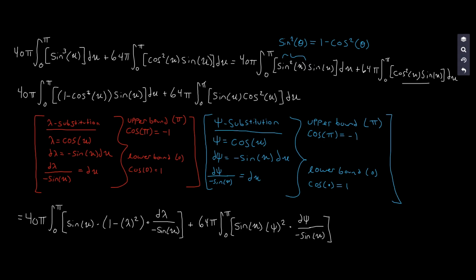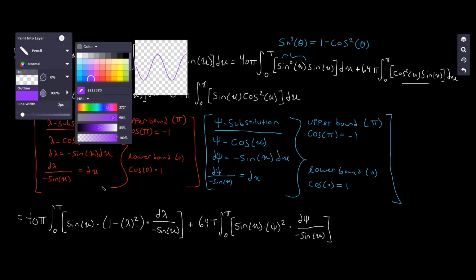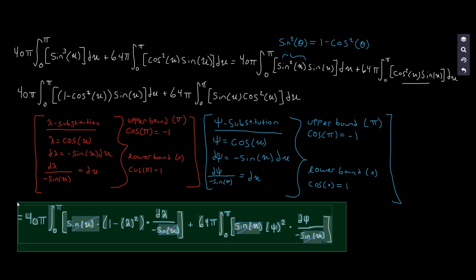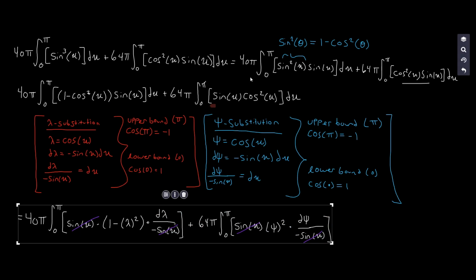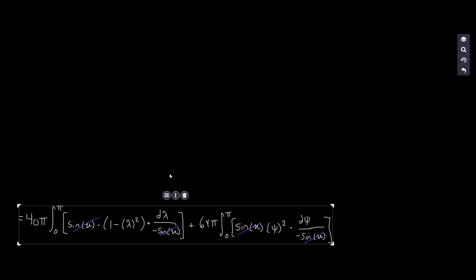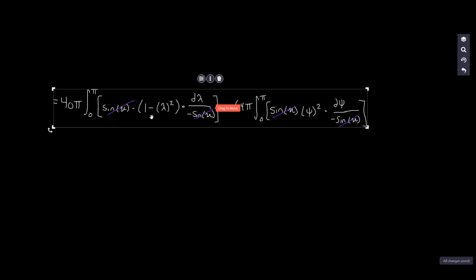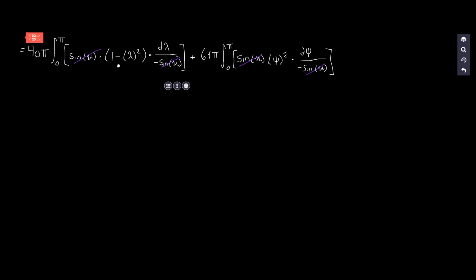All right. And we're going to have some cancellations like this, and some cancellations like that. So we're going to grab this and carry this over into our next workspace because we are out of room, but it's okay because we can just grab some more.